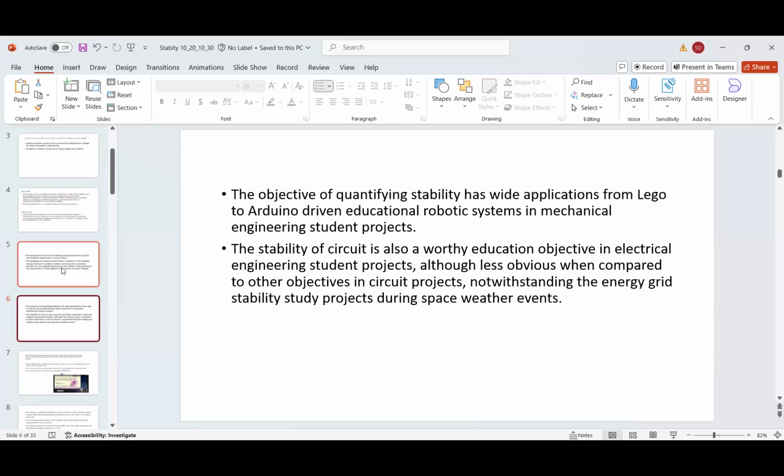The objective of quantifying stability has wide applications, from LEGO to Arduino-driven educational robotic systems in mechanical engineering student projects.